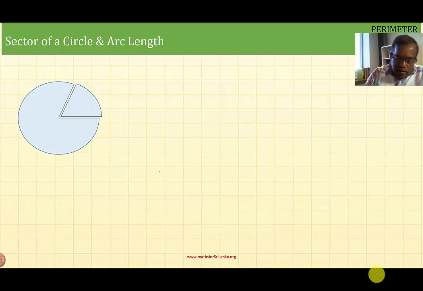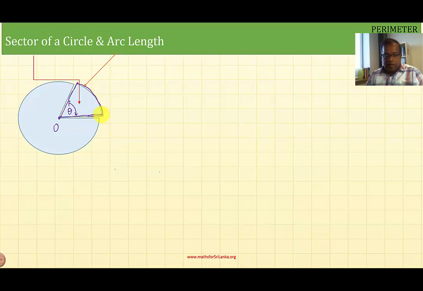Now, in the sector, this is the center, and this angle over here we call the angle at the center. And these are the two radii. And this is the arc. We are interested in the length of this arc, so we use the symbol L.